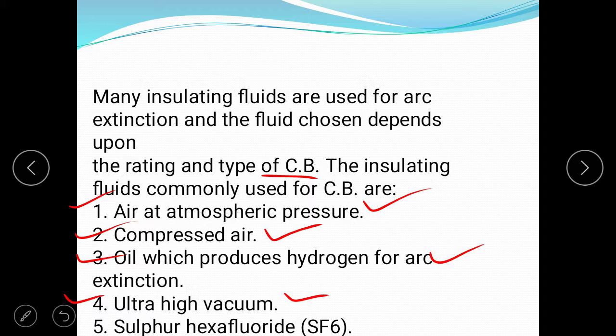Next is vacuum circuit breaker, and next is SF6 circuit breaker. So most commonly used circuit breakers for high rating is SF6 circuit breaker, in which sulfur hexafluoride gas is used as a insulating fluid.